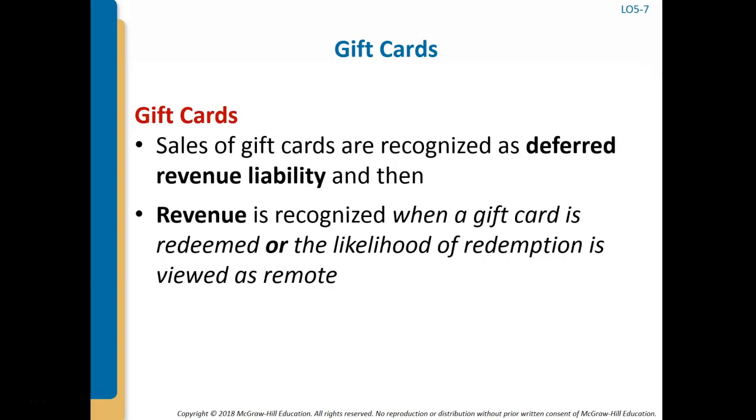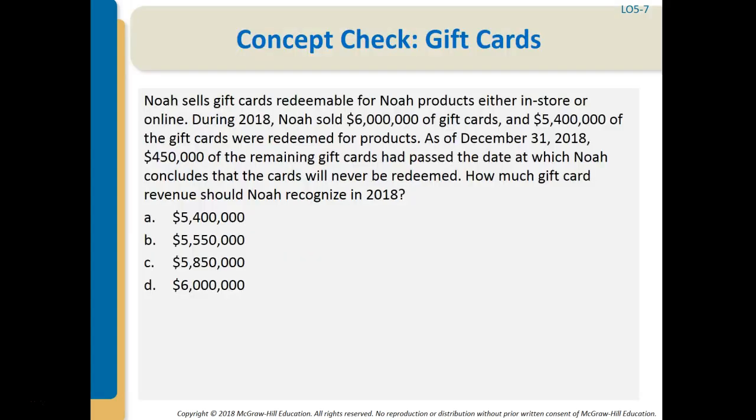Now, last, as we deal with gift cards, sales of gift cards are recognized as a deferred revenue liability, and then revenue is recognized when a gift card is redeemed or the likelihood of redemption is viewed as remote. NOAA sells gift cards redeemable for NOAA's products, either in-store or online.